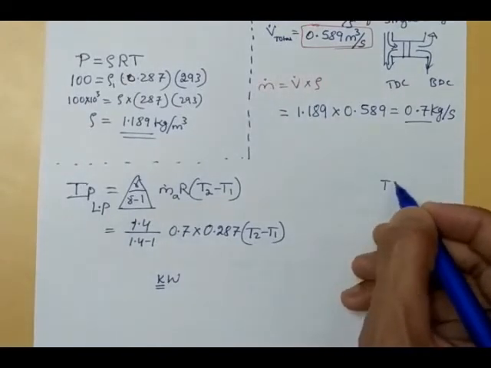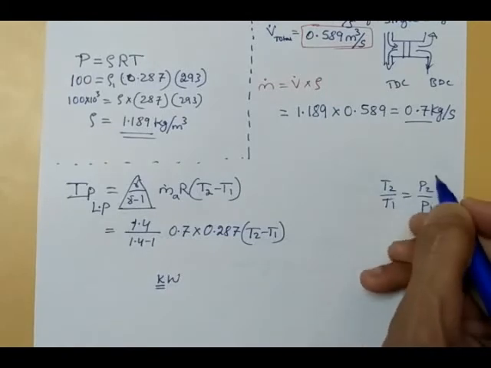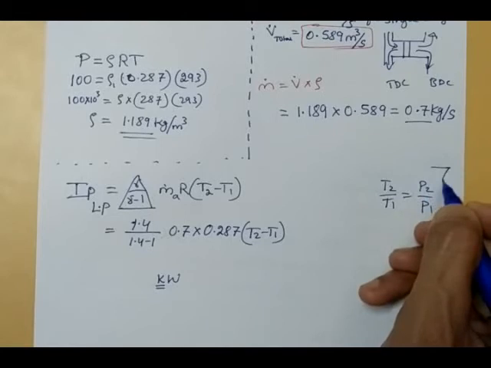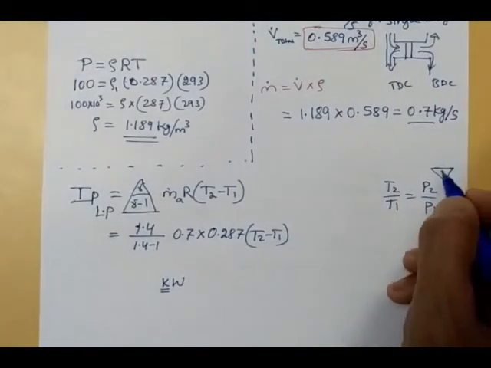If you can remember, T2 by T1 is equal to P2 by P1 power gamma minus 1 by gamma.